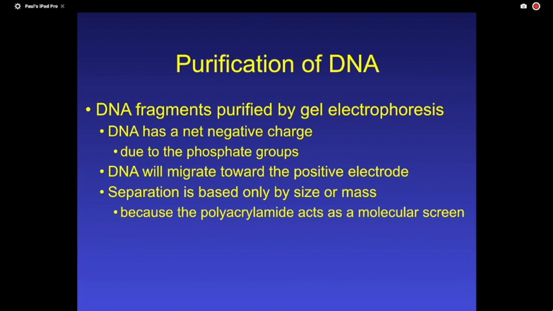In terms of how big, if you need large fragments of DNA, we usually use what's called agarose. If we want to separate down to individual base pairs, so if I want to separate 9 base pairs versus 10 base pairs, agarose is not small enough to do that. We use polyacrylamide to get to a fine enough grid that I can separate down to single base pairs.